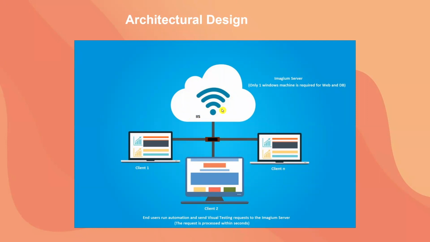Just deploy it on this, and then anybody could access it. Anybody could run things on it, and anybody with proper permission could see how many test cases have failed and how many have passed. So this is the simplest architecture for how you could deploy it on your on-premise cloud.